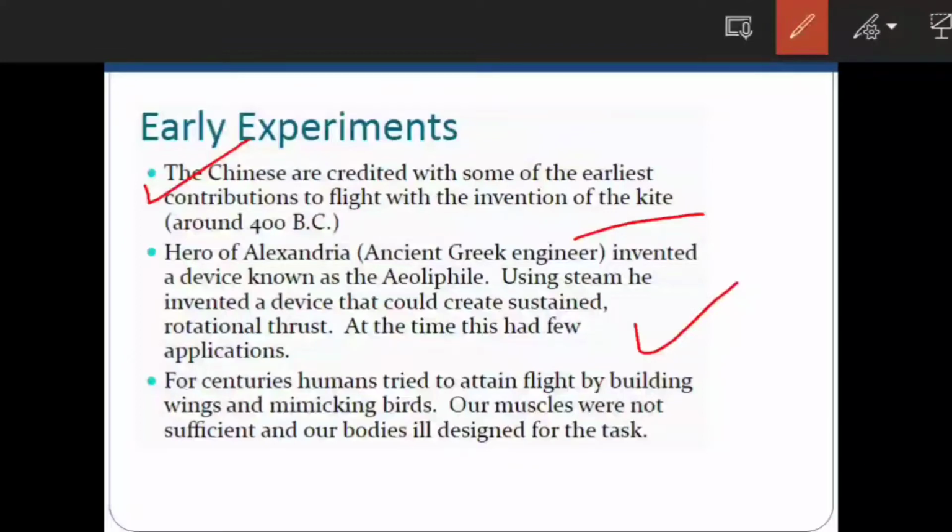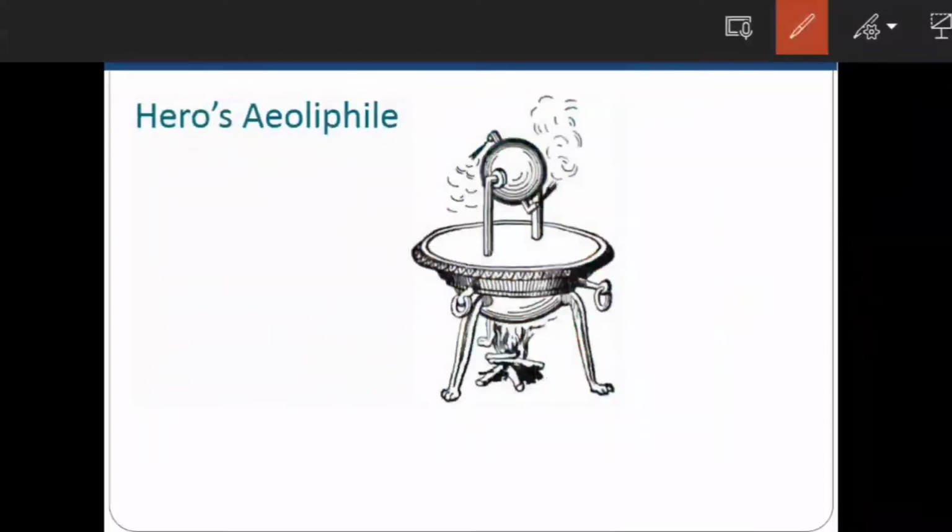The first basic engine was the aeolipile. I am going to show you the figure also. It is a very basic device that gives an example of the jet engine's invention, the starting of the concept of a flying device or engine.